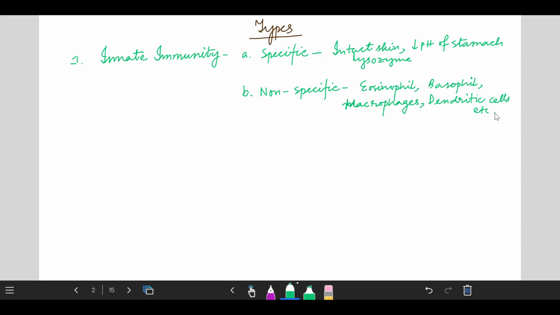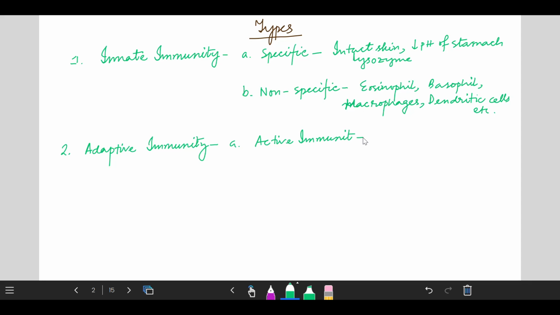Another second type is adaptive or acquired immunity. Okay. So adaptive or acquired immunity is again subdivided into two categories. The two categories are, first one is active immunity, active kind of adaptive or acquired immunity, and another one is passive immunity or passive kind of adaptive or acquired immunity.